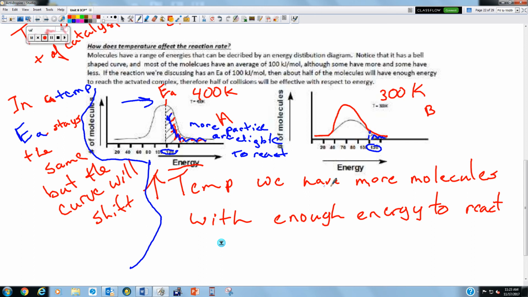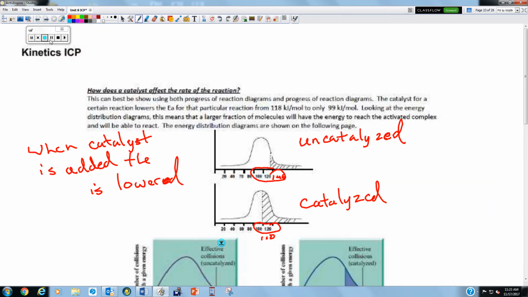Increase in temperature, we have more molecules with enough energy to react, or enough energy to overcome the activation energy. All right? Now, let's look at some different graphs.